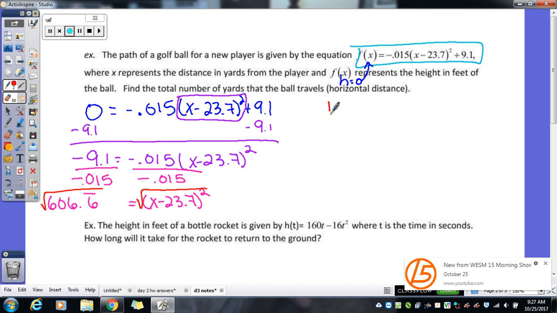So now what's our square root of 606.6 repeating? It's going to be a plus or minus out in front. We'll go with a decimal to the nearest tenth. So 24.6 is going to equal our x minus our 23.7.